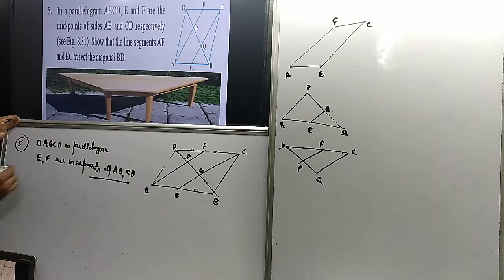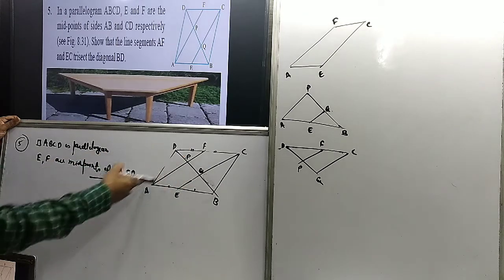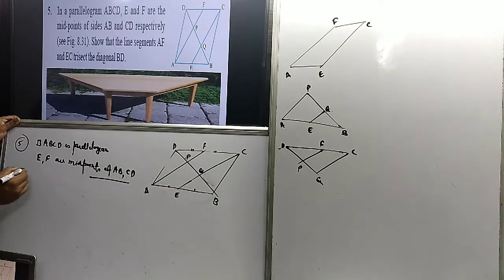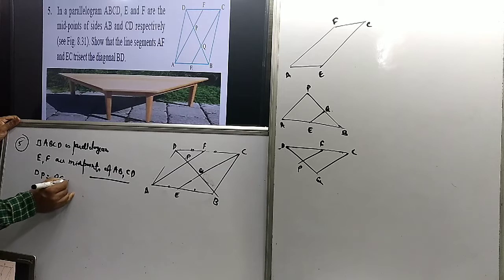Now what we have to prove? We have to prove that BD is trisected by AF and CE, which means we have to prove DP equals PQ equals BQ. That is what we have to prove.